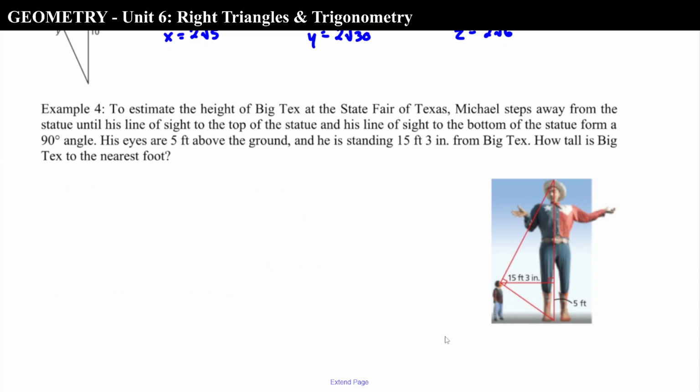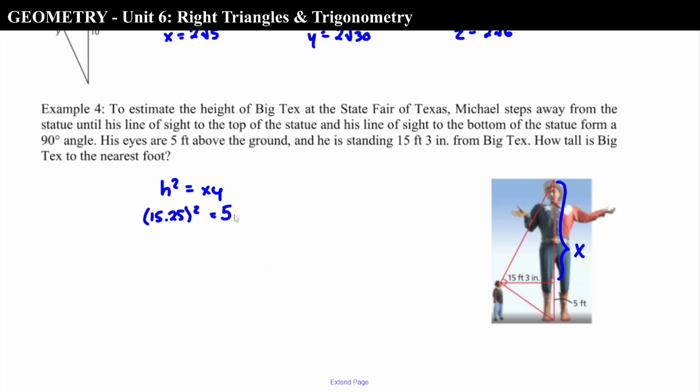So let's let x be the height of Big Tex above eye level. Okay, so we're going to let this portion here be x. So we have our h. We're going to use h squared equals x times y. We know our h is 15 feet 3 inches, which is 15.25 feet. So we're going to go ahead and convert that to just feet. 15.25 squared equals x times y.